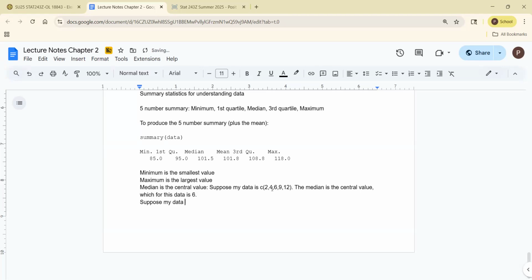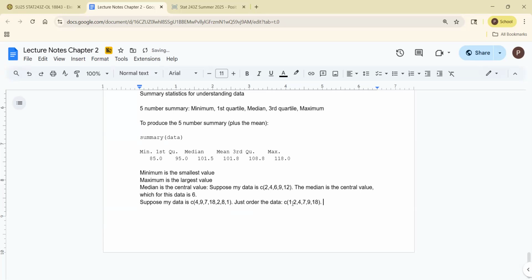Suppose my data is actually something that looks like 4, 9, 12, 7, 18, 2, 8, 1. Now my data is not in order. So first we want to order the data. So if I order it, I get 1, 2, 4, 7, 8, 9, 12, and 18.